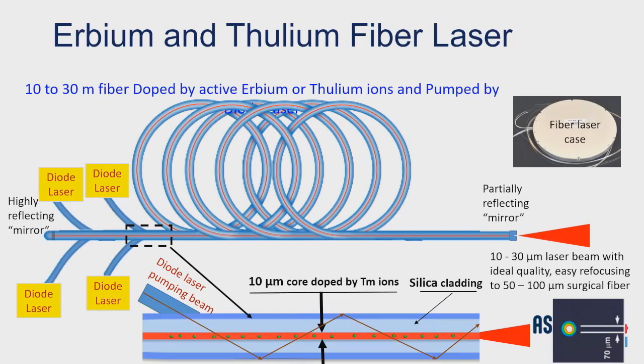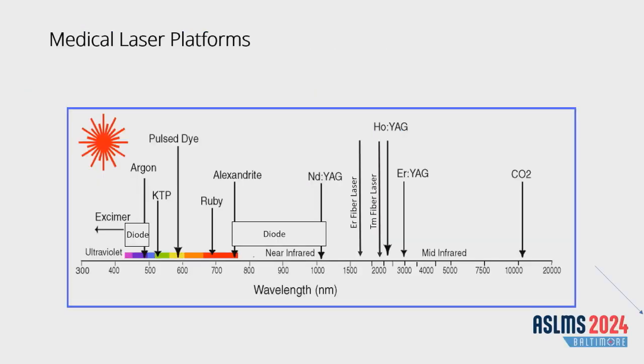You can find this laser in Fraxel, the first platform built based on such a laser. Any thulium laser which you're using is a thulium fiber laser, same thing. And this platform is becoming more and more popular. So this is just the big picture of which lasers we're using for different wavelength generation.